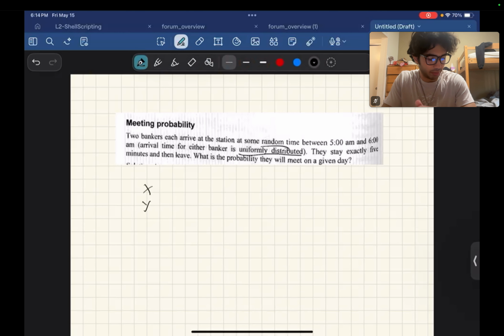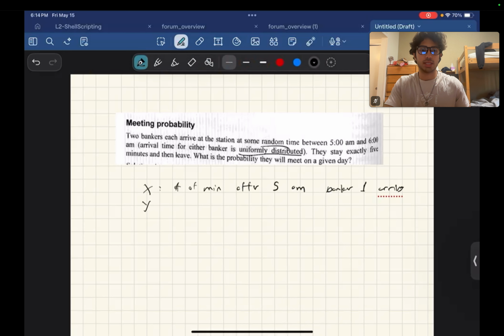I'm going to say our random variable x is the number of minutes after 5 a.m. that banker 1 arrives, and then y is the same thing but for banker 2. So I'll put it in quotes, but write banker 2 here instead.